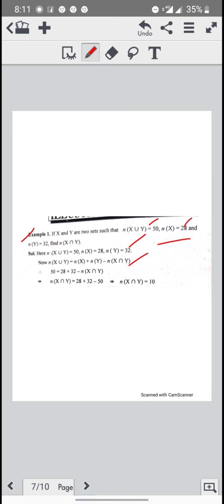Again using the formula, n(x union y) is equal to n(x) plus n(y) minus n(x intersection y). Put corresponding values and you get n(x intersection y) is equal to 10.